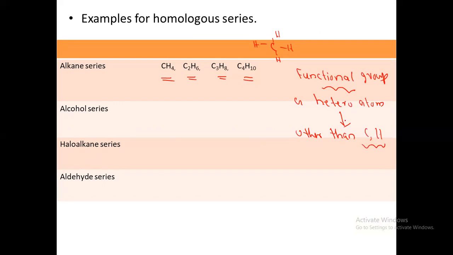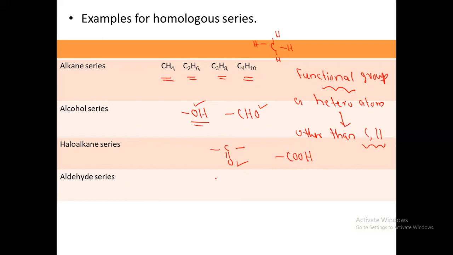Any heteroatom present in a group which replaces hydrogen, we call it a functional group. So we know OH. Here the heteroatom is oxygen. CHO, the heteroatom is oxygen. C double bond O, the ketonic group, the heteroatom is oxygen. COOH, here also the heteroatom is oxygen.